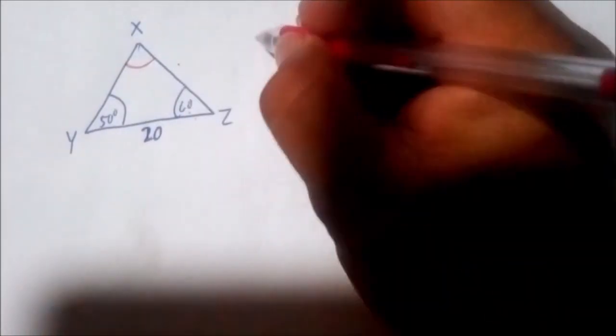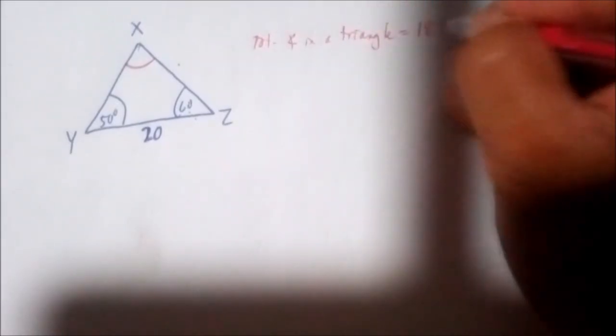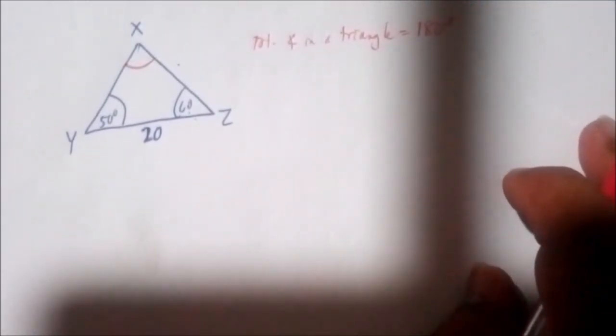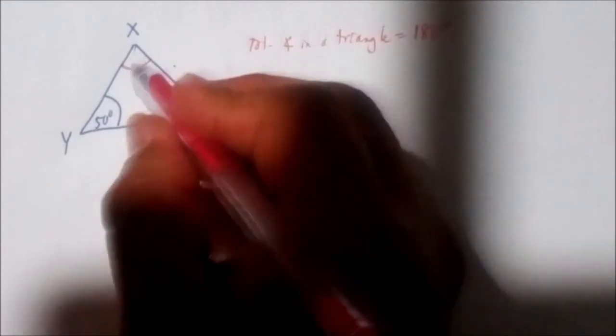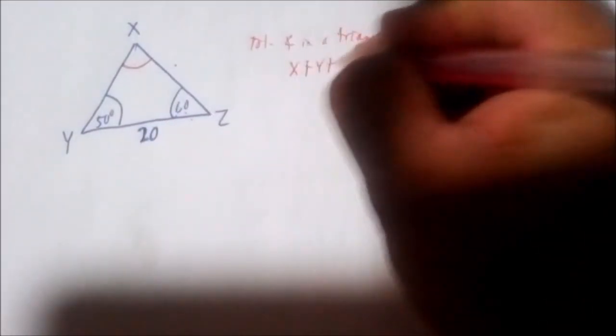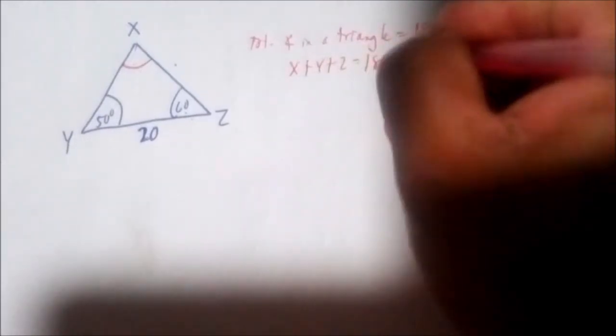We know that the total angle in a triangle is equal to 180 degrees. We know that for a fact. So we can say that x plus y plus z should give us 180 degrees.